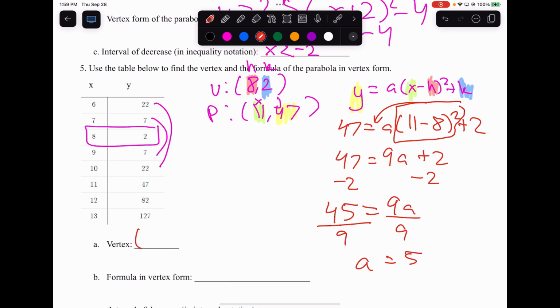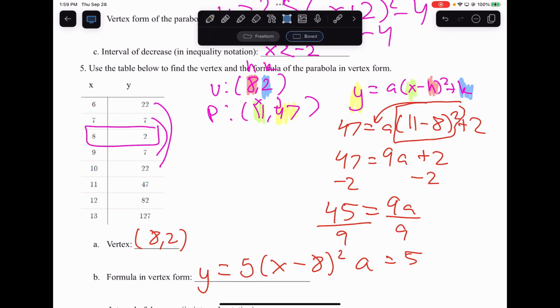So we have our vertex, which was (8, 2), and the vertex form of the quadratic is going to be y equals 5(x − 8)² plus 2. I'm running out of space.